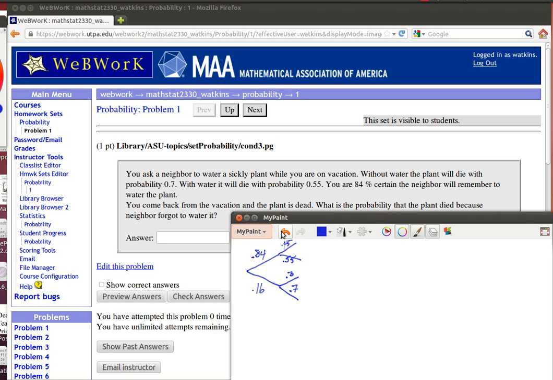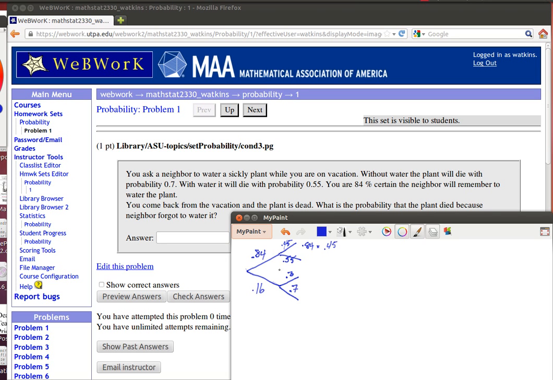So there's really four things that can happen. The plant gets watered, and then it lives, or the plant gets watered, and then it dies. Or the plant does not get watered, and it still lives, or the plant does not get watered, and it dies. So one of those four things happen. The probability that it gets watered and that it lives is going to be the 0.84 times the 0.45.